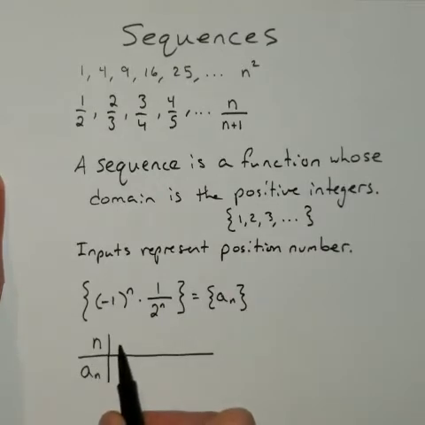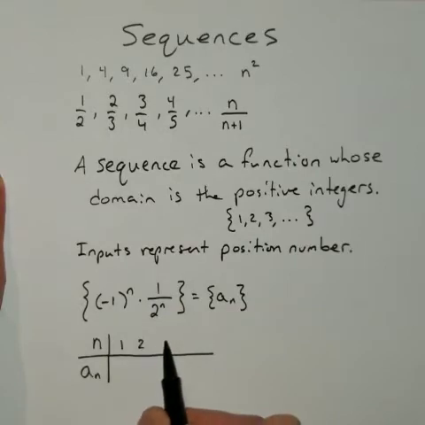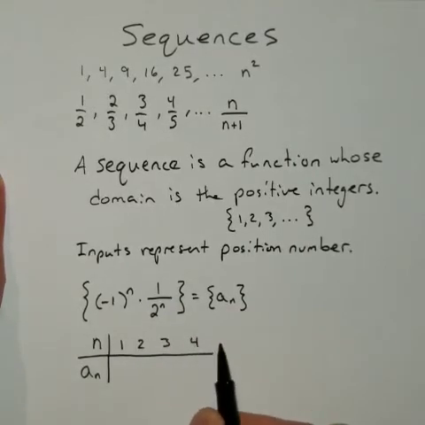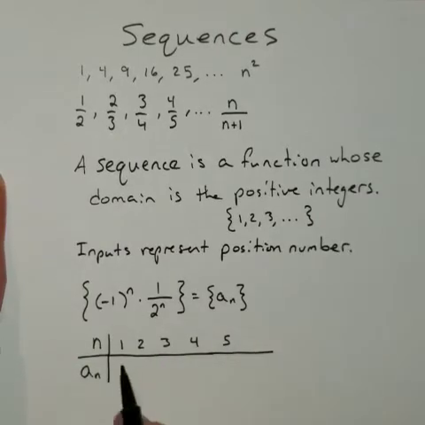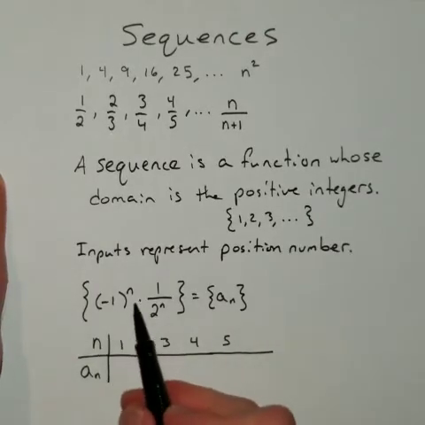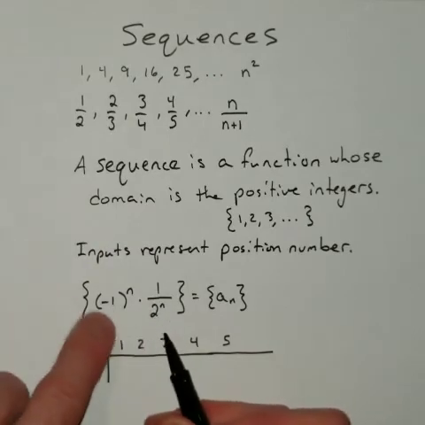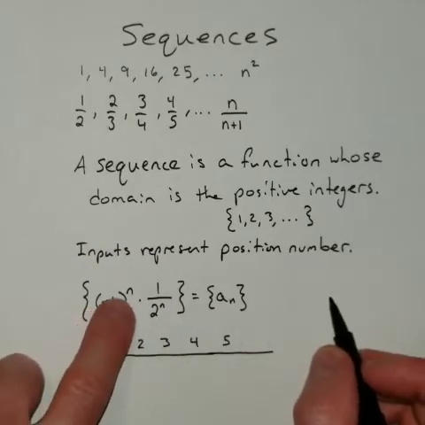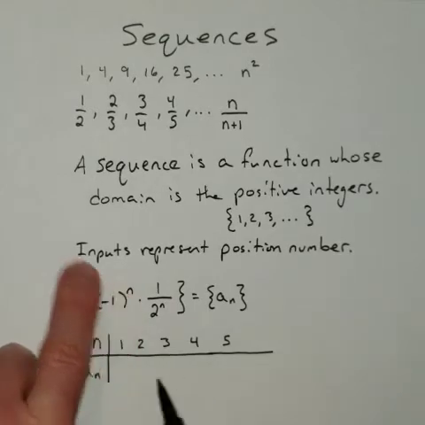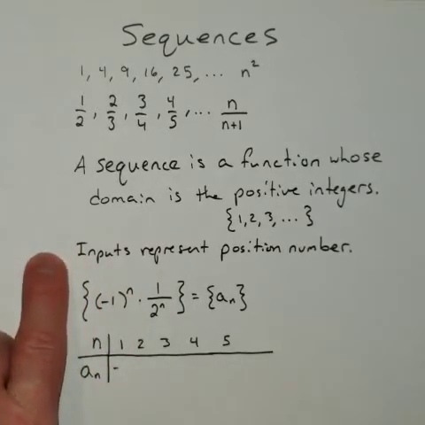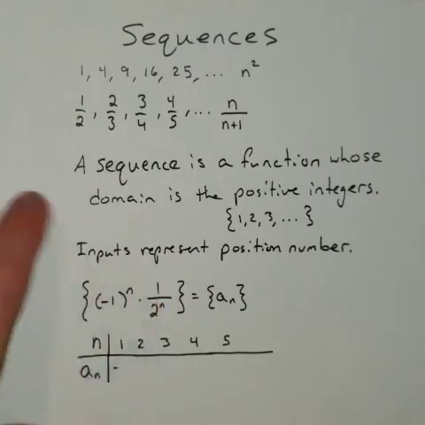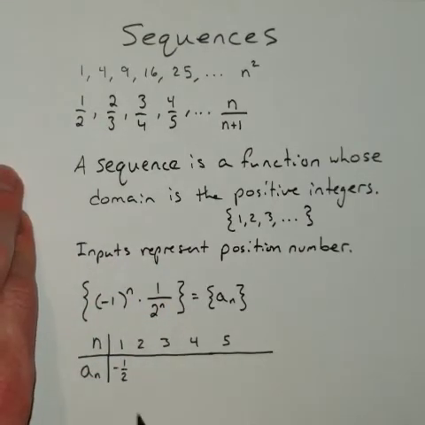The n values are positive integers: position 1, position 2, position 3, position 4, position 5, and so on. At position 1, you plug a 1 in everywhere there's an n. So I would have (-1) to the 1, which is negative, and then 1 over 2 to the 1, which is 1/2, so it's -1/2.